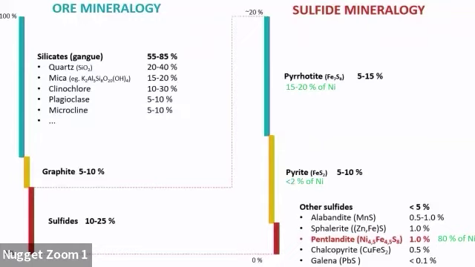Most of the nickel is in pentlandite, but also in pyrrhotite we have a significant amount of nickel. And in the northern hemisphere where we are, the pyrrhotite is the key issue to have the process ongoing through the winter. So we get the heat from the pyrrhotite and pentlandite oxidation.